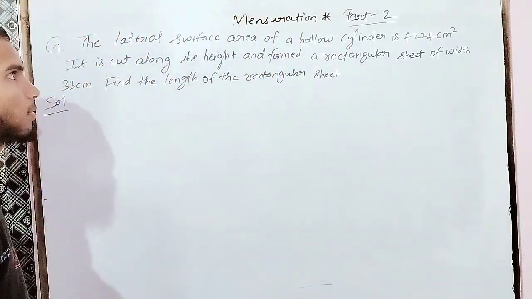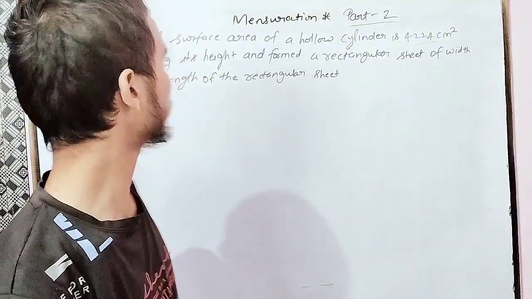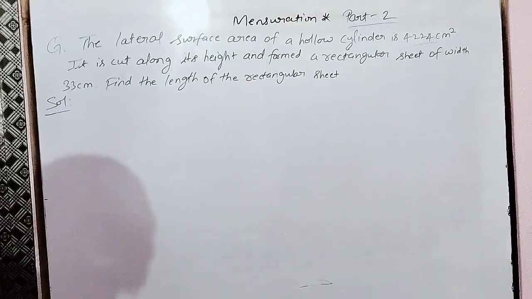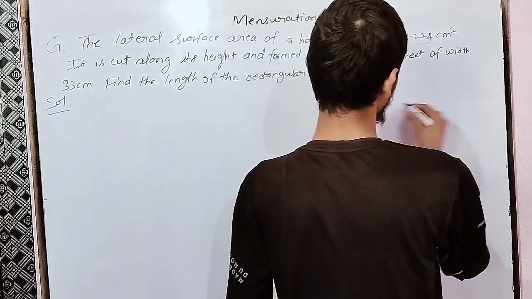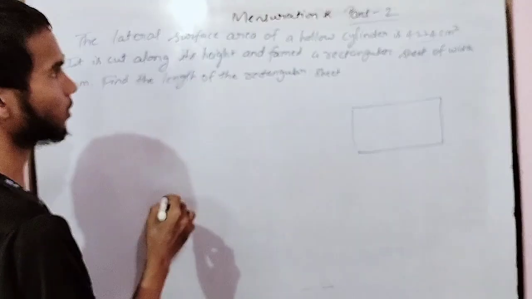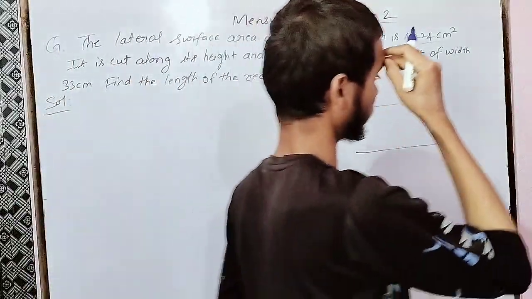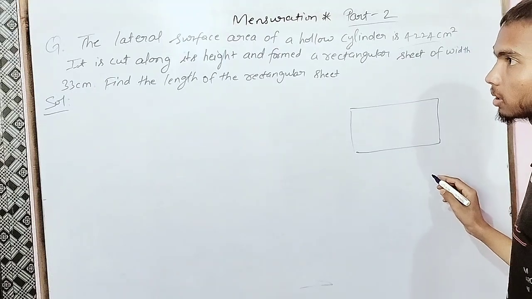So the area of the lateral surface is 4,224 centimeter square. It is cut along its height and a rectangle sheet is formed of width 33 centimeter.